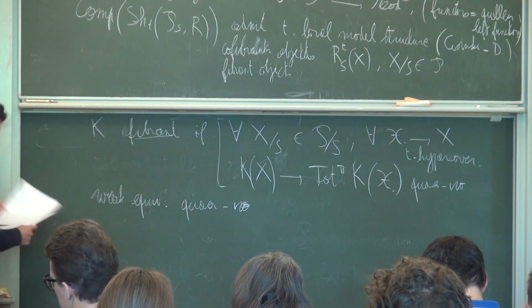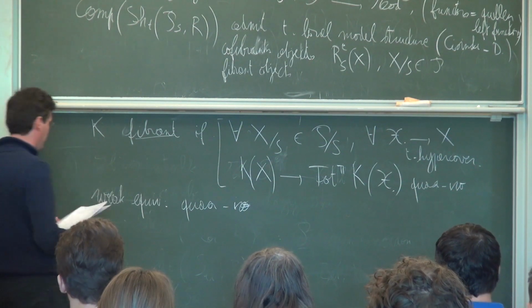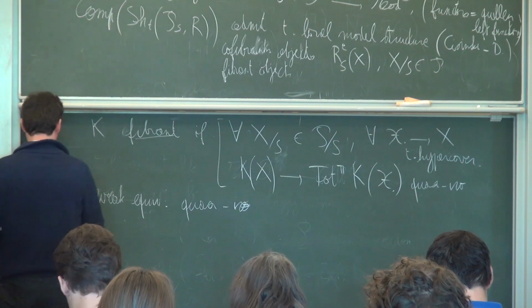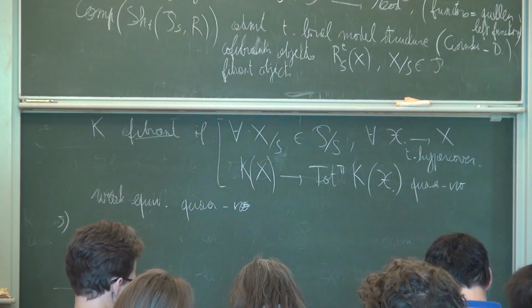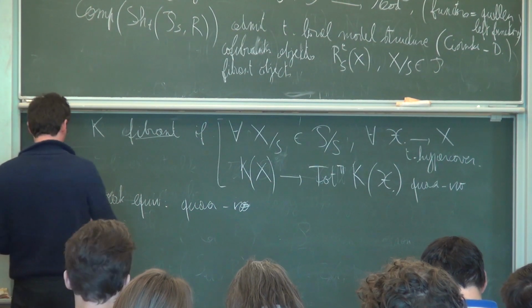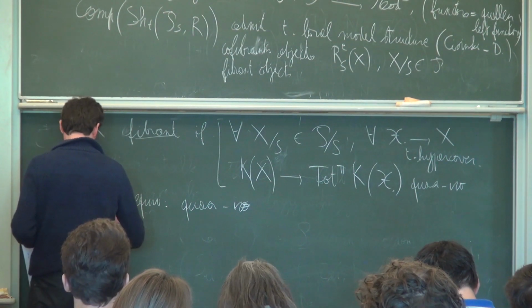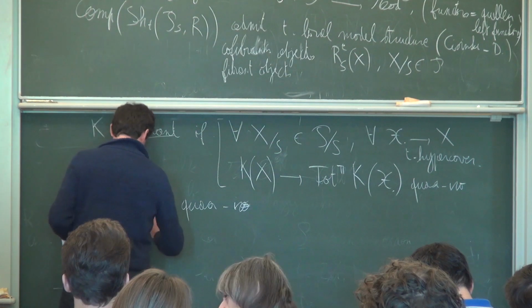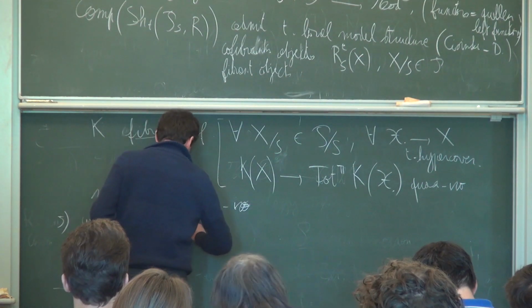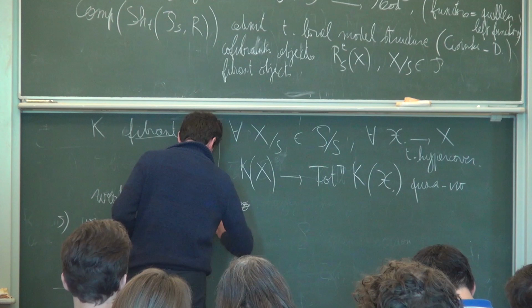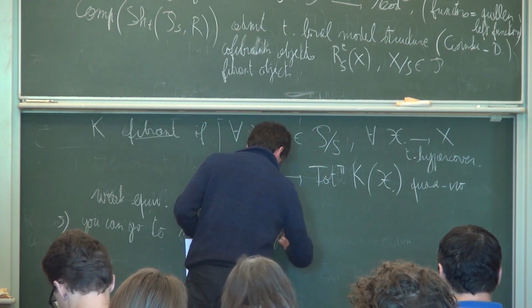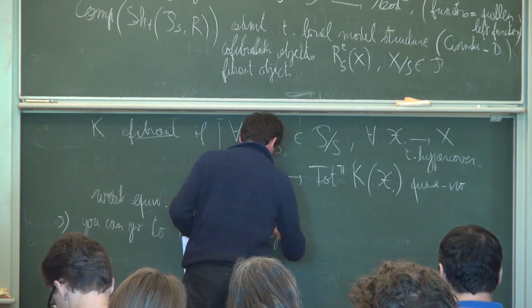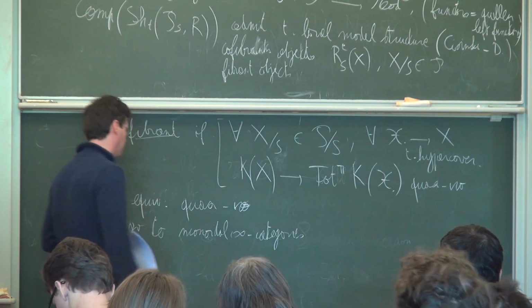Okay, so I'm slightly late. There is a fifth example that I don't want to discuss here. You can go to infinity, to monoidal infinity category, in the sense of Lurie.